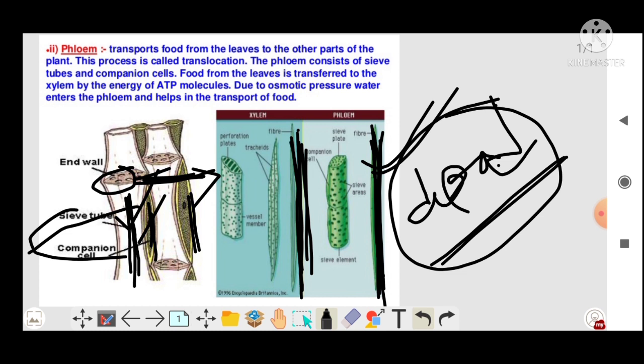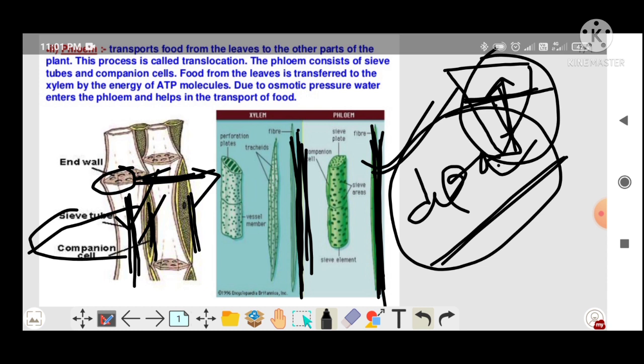Food from the phloem is transferred to the xylem by the energy of ATP molecules.